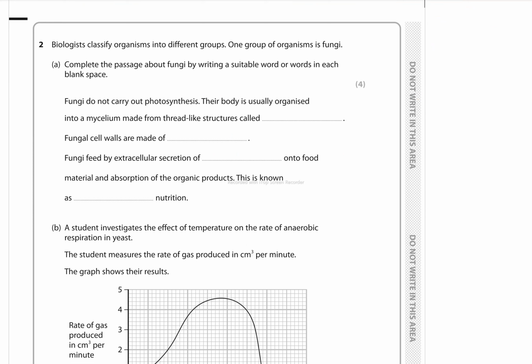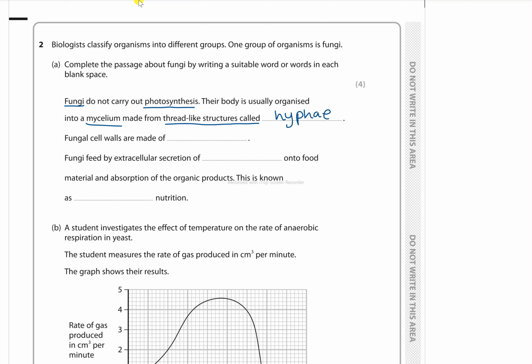Right. These sort of questions, you can end up with loads of easy marks, or if you haven't got a clue, then you'll be stuck. Fungi do not carry out photosynthesis. Their body is usually organized into mycelium made from thread-like structures called hyphae.